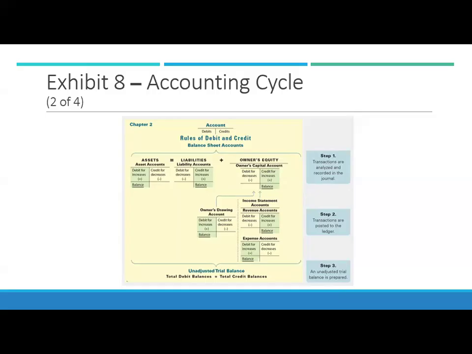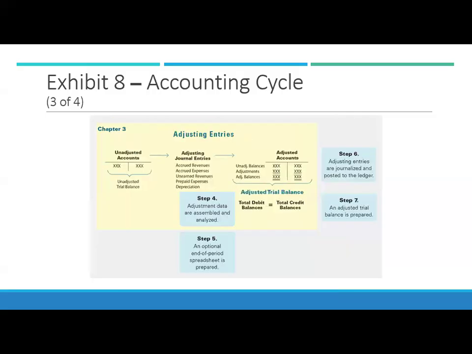And so then we prepare the unadjusted trial balance after we've posted all of our accounts. And then we make our adjusting entries and prepare an adjusted trial balance.